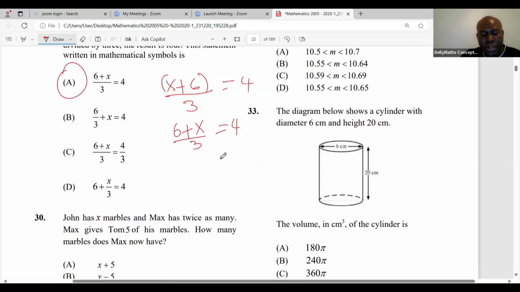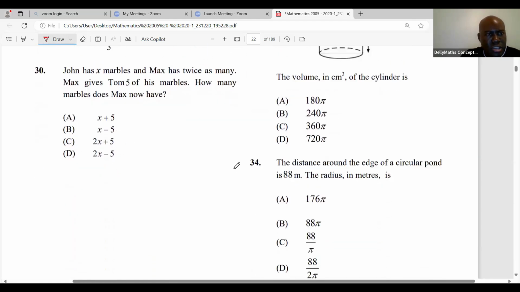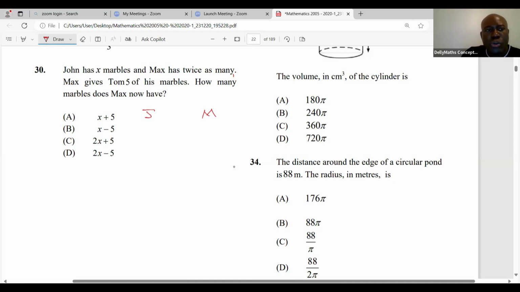Let's take a look at number 30. Number 30 says John has x marbles and Max has twice as many. So let us label John and let us label Max. John has x, and Max has twice, which is 2 times x. Now, it did say that Max gave Tom. We don't know Tom.